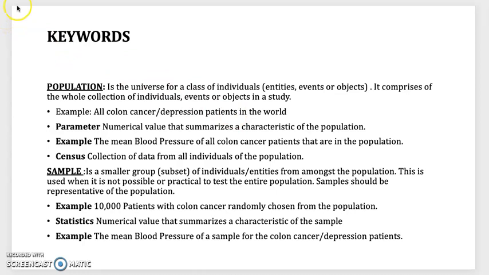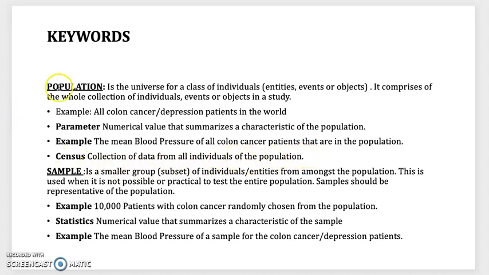The parameter is a numeric value that summarizes a characteristic of the population, such as the mean blood pressure of all the colon cancer patients in the population. A census is the collection of data from all the individuals in the population.